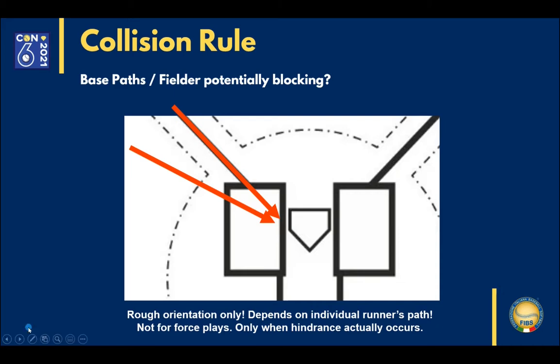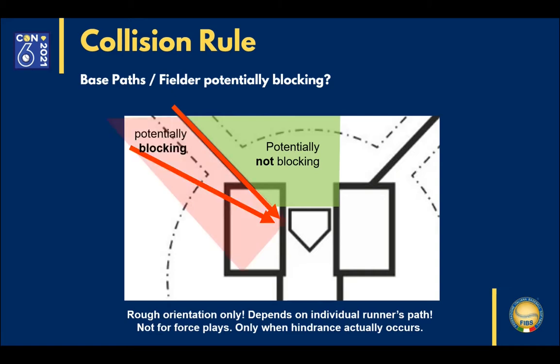So if you want to grant a free base pass to the runner as a fielder or catcher, you probably will be potentially non-blocking in this area. So if you station yourself in this area, you will be potentially not blocking the runner's pathway. If you position yourself as a fielder in this area, you're potentially blocking the pathway. But again, it really depends on how the runner actually runs towards home plate.